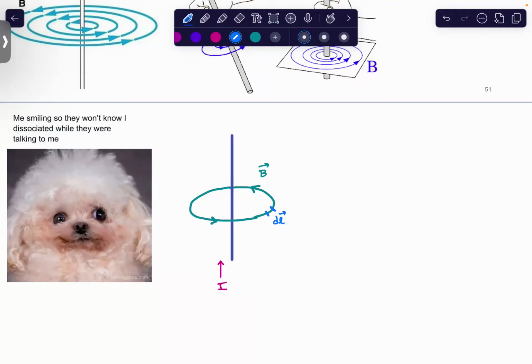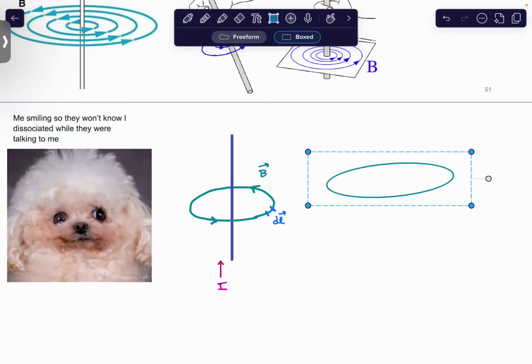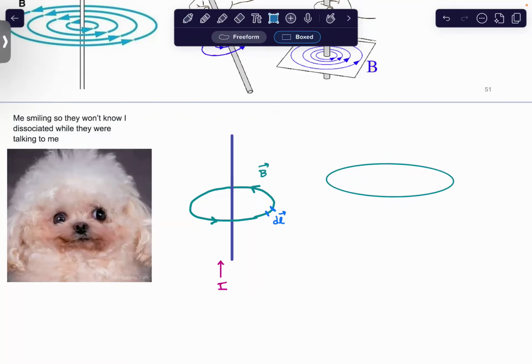Now, the thing to keep in mind about an Amperian loop is, let me go ahead and draw a loop, okay? That's my dL, my tiny little vector coming off of here. It's just this little bitty vector for that tiny section.